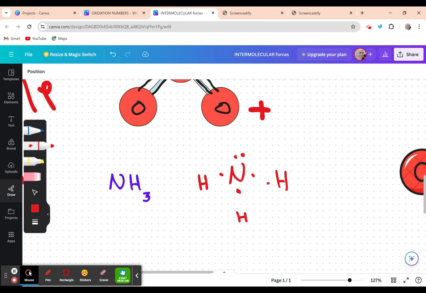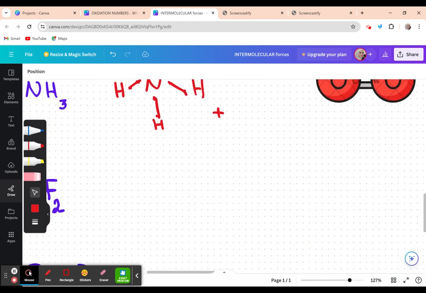Each hydrogen has 1 electron. Okay, after bonding, bond, bond, bond, there are extra electrons. So negative on this side, positive on the other side. This means it is dipole dipole. Does it have a hydrogen bond? N with H. Yes, it has a hydrogen bond also.